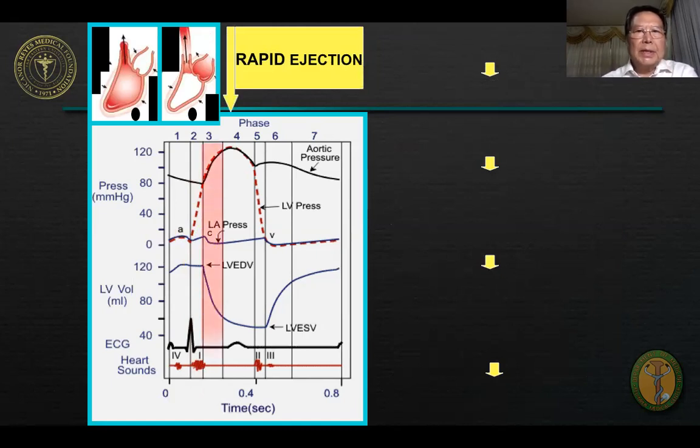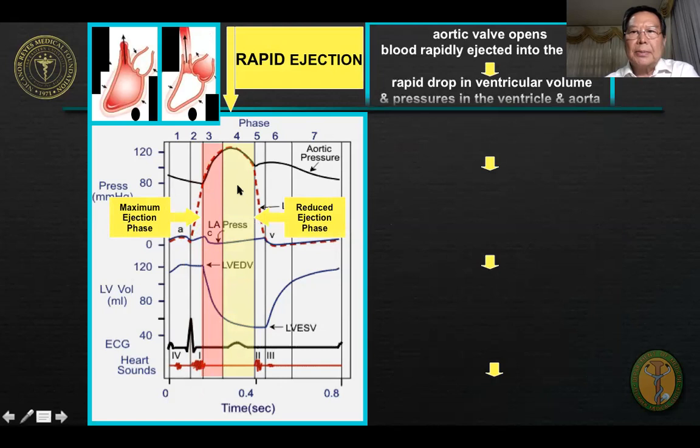Now, this is followed by the phase of rapid ejection, right? So what happens during the rapid ejection? As I mentioned, somewhere here the aortic valve was already opened, and there is rapid ejection of blood from the left ventricle into the aorta, okay?